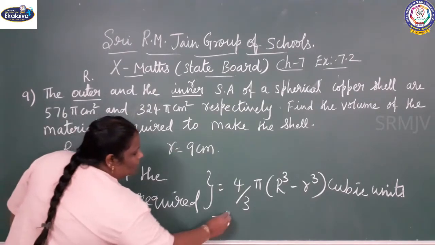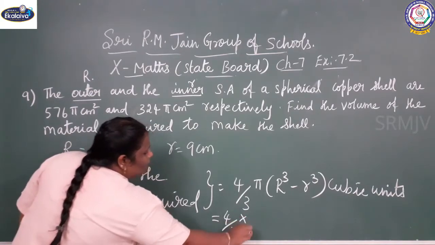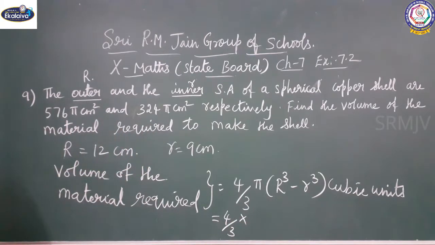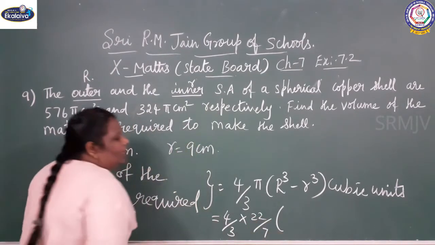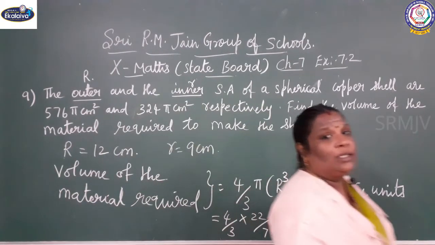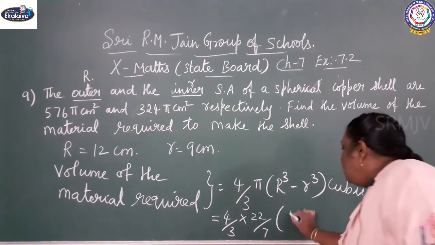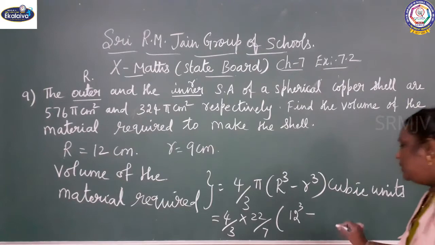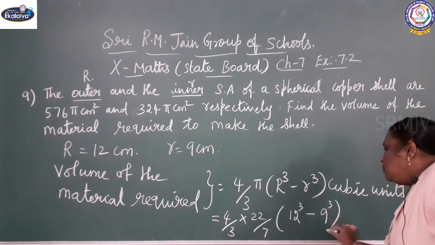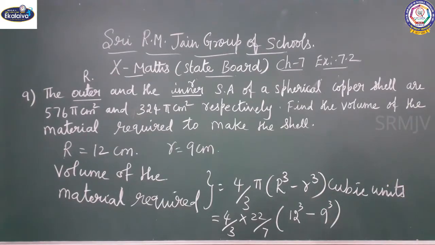So it gives 4 by 3 into pi, which is nothing but 22 by 7, into capital R value 12 cube minus small r value 9 cube, centimeter cube.